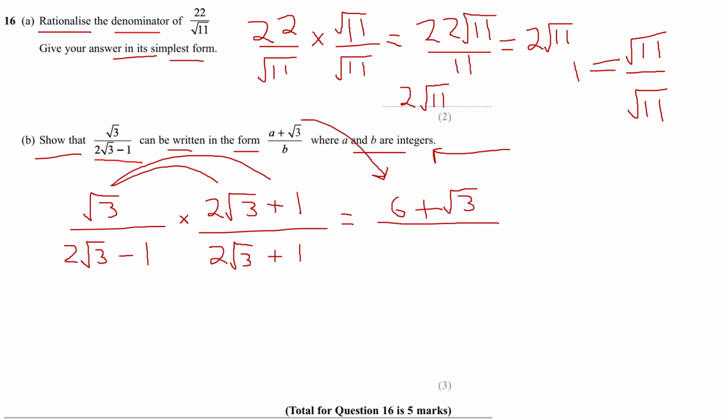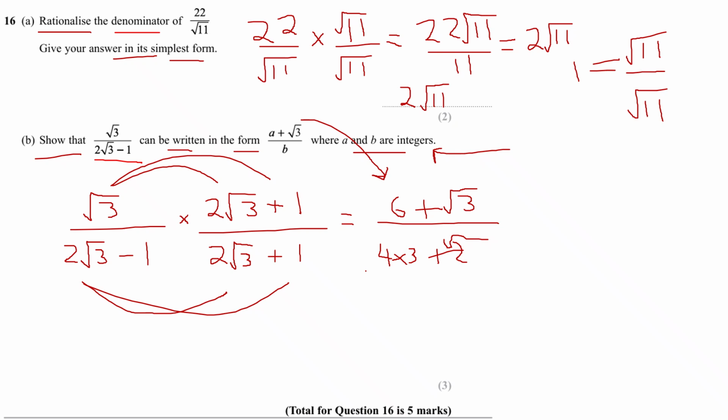And on the bottom, we're going to do 2 root 3 times 2 root 3. Well, 2 times 2 is 4. Then I have root 3 times root 3, which is just root 9, which is just going to be 3. So 4 times 3 there. Then I'm going to have 2 root 3 times positive 1 makes plus 2 lots of root 3.